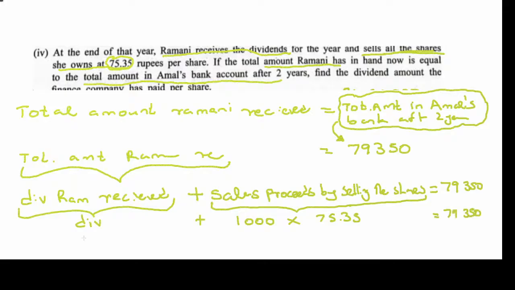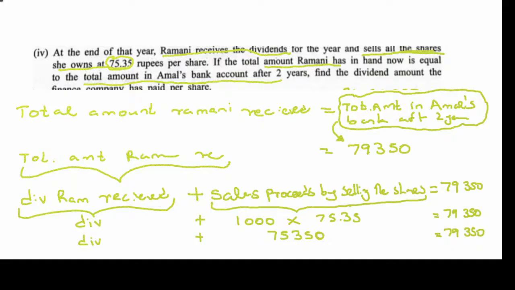So the dividend plus, what is 1,000 times 75.35? Just a matter of shifting the decimal point of 75.35 thrice. We end up with 75,350. So the dividend she received plus the sales proceeds is equal to 79,350.